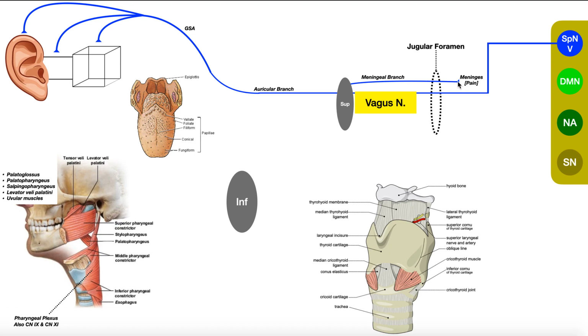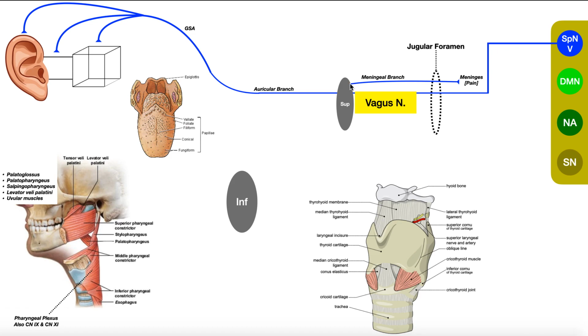So if you look here, within the cranial cavity, there are some nerve fibers that are actually sensitive to things like pain. And so they pick up that information, and you'll notice they actually exit the jugular foramen out into the periphery. So they actually leave the cranial cavity, and they come back here and go to the superior ganglion.